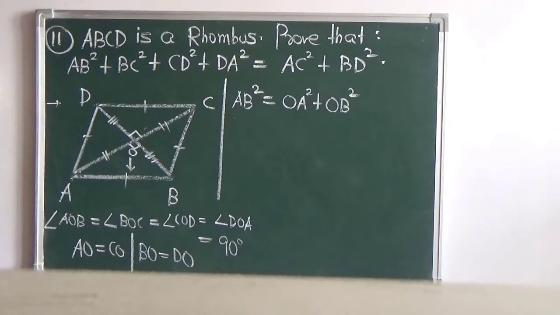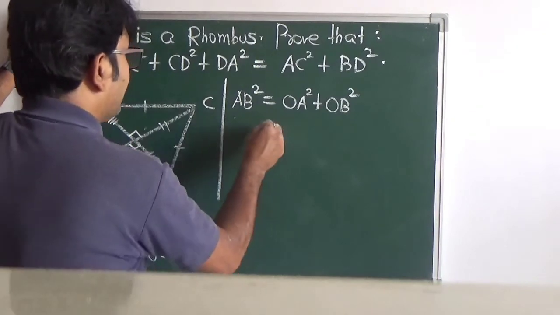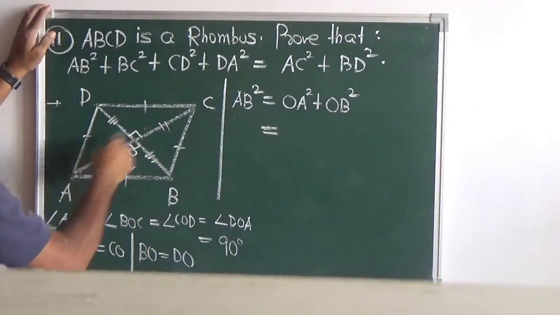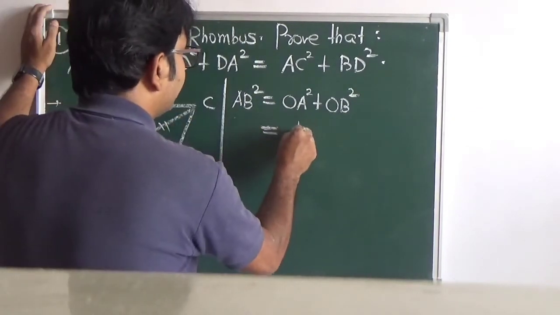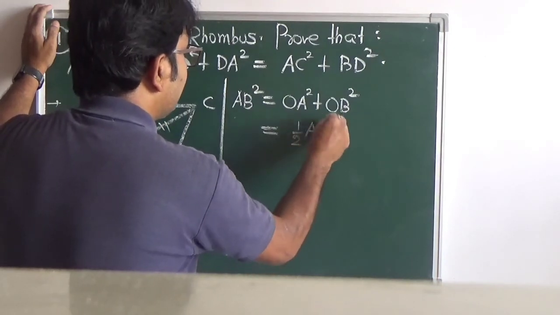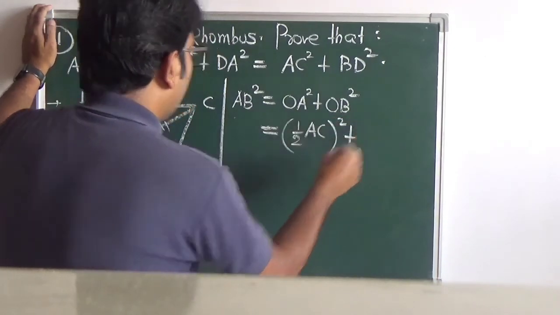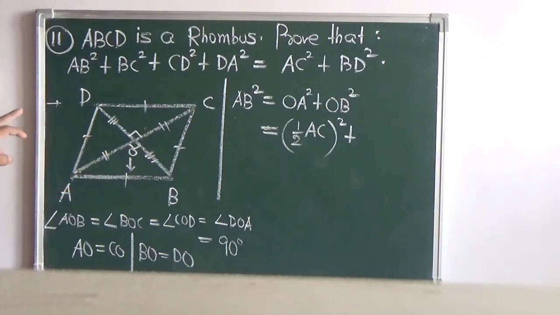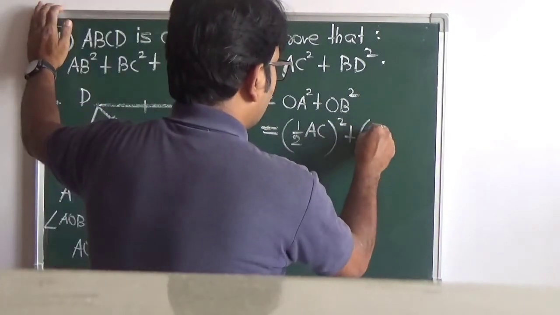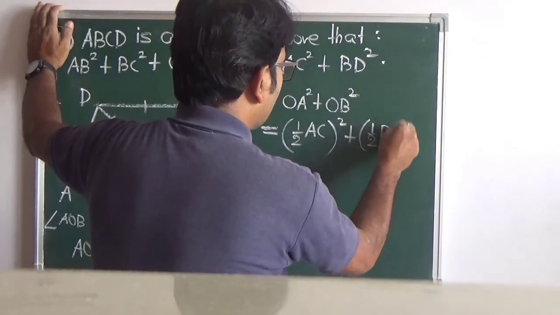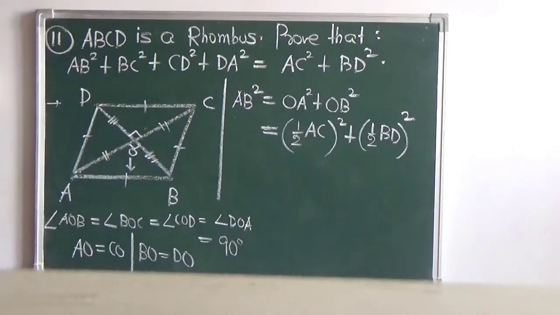Now OA, this we can write. What is OA? That is half of AC. And what is OB? OB is half of BD. Just to look at it carefully, we can write OA as half of AC and OB as half of BD.